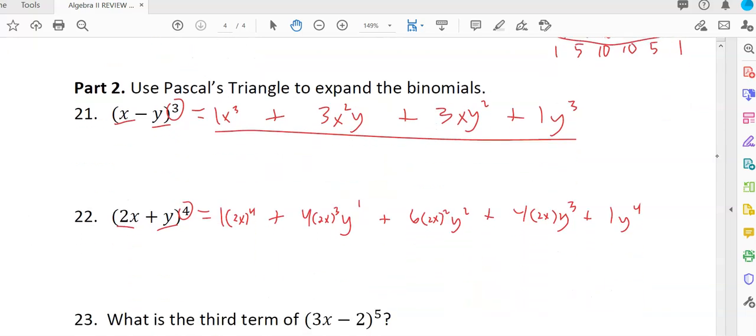So this simplifies: 2 to the fourth is 16, so this is 16x to the fourth. 2 to the third is 8, 8 times 4 is 32, so plus 32y. 2 squared is 4, 4 times 6 is 24. 2 to the third is 8, 4 times 8 is 32, and then plus y to the fourth.